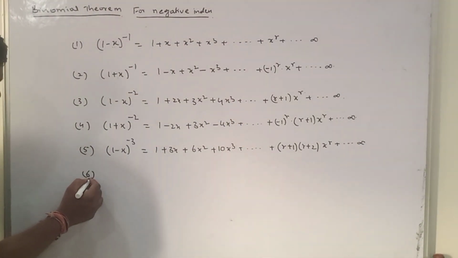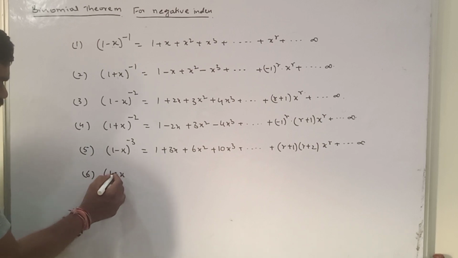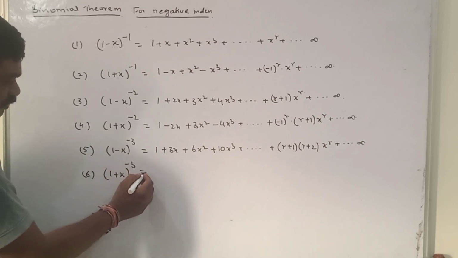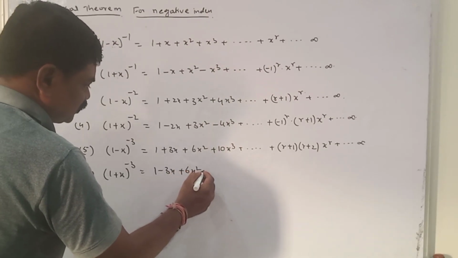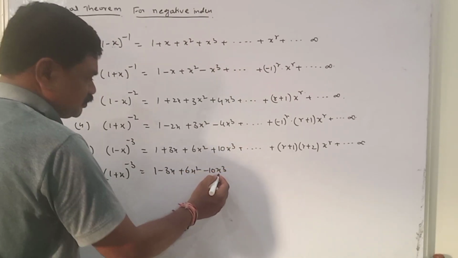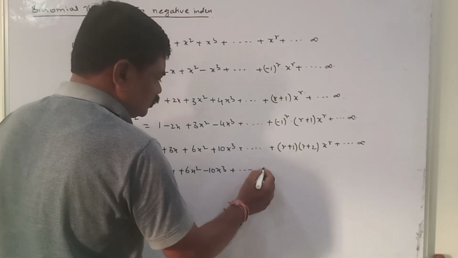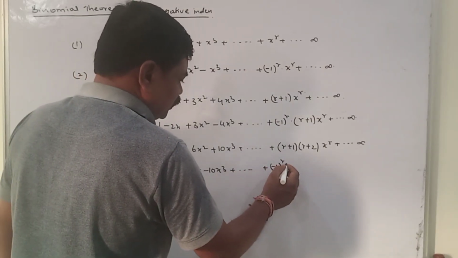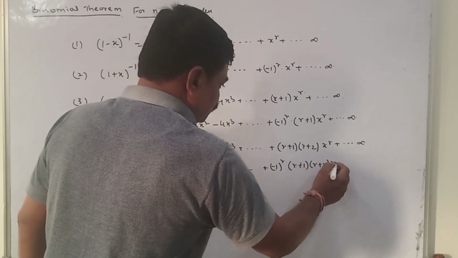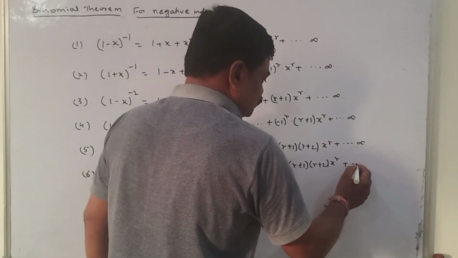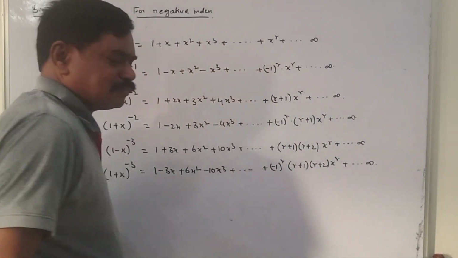Sixth result: (1 plus x) whole power minus 3 is equal to 1 minus 3x plus 6x square minus 10x cube plus so on plus (minus 1) whole power r (r plus 1)(r plus 2)/2 x power r plus so on up to infinity.